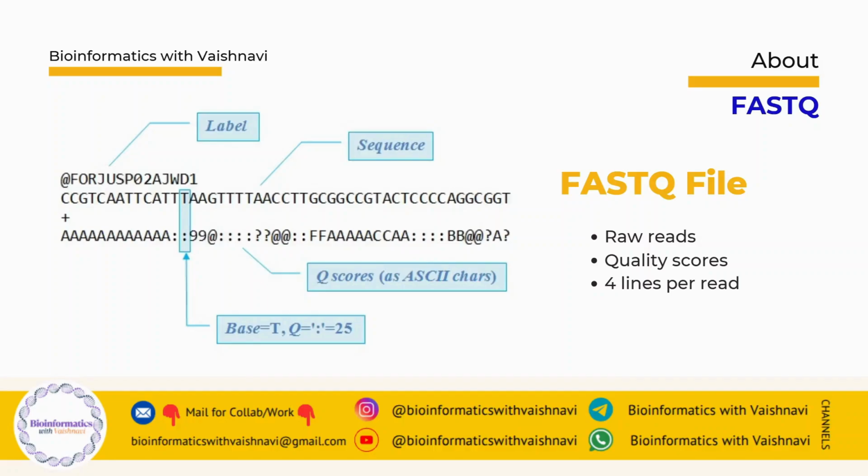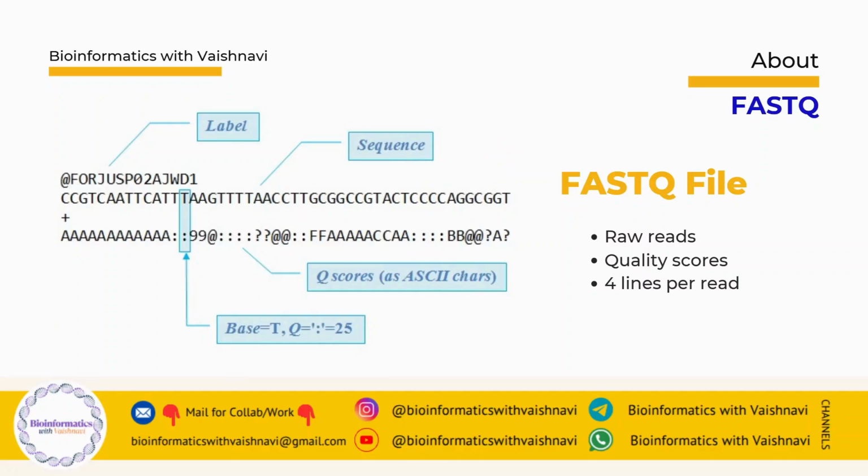Now, FASTQ files contain two very important things. First, the DNA sequence, and second, the quality of each base. Every read in a FASTQ file has four lines. First, the label. Second line is the DNA sequence. Third is a separator, which is denoted by a plus symbol. And the fourth line is the quality score, which is written as ASCII characters, which determine the quality of the base.